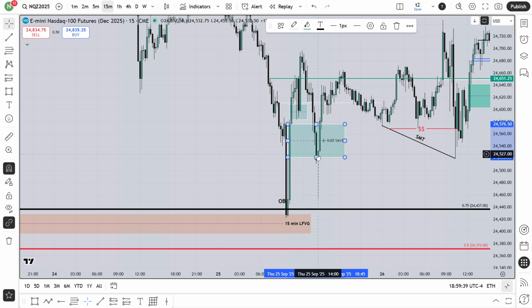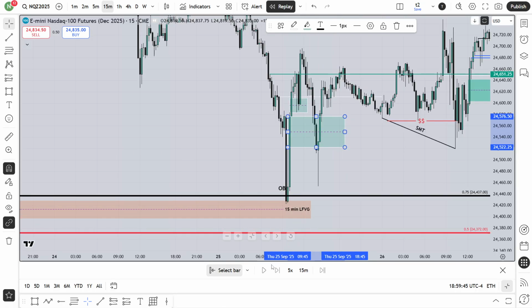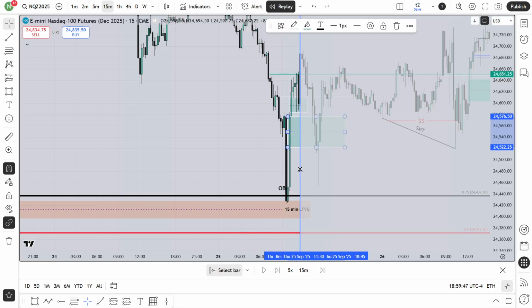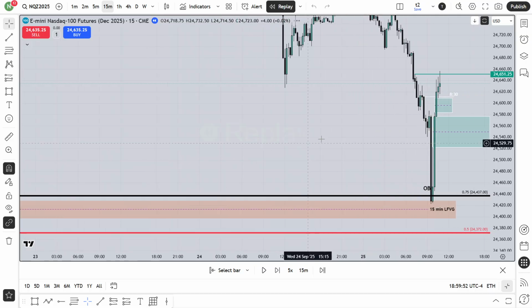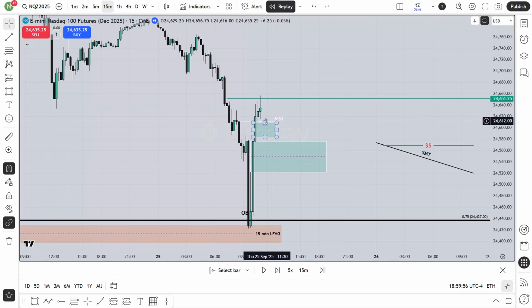But before it closed that, I'm now going to use the replay mode again for your understanding. Okay, so let me actually use it from there. Okay, that area. So when for the first time this market built this bullish fair value gap, what is my expectation?